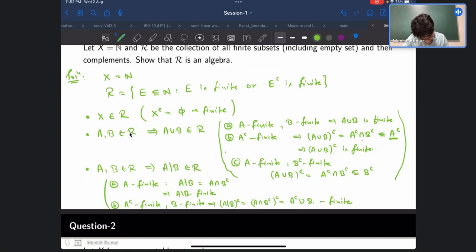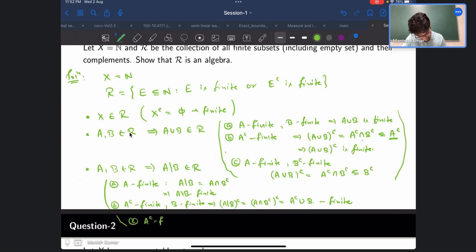I think this covers all the cases, because A finite, B can be anything, A complement finite and B complement finite. There is one more case which is left. So where should I write? Let me write it here.